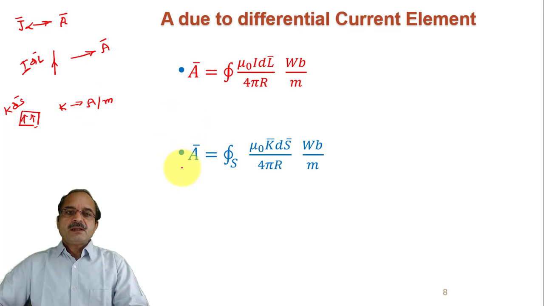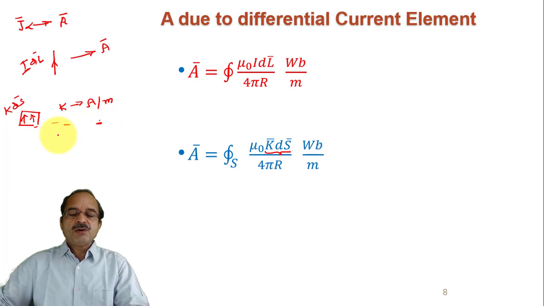In this case, the vector magnetic potential is given as surface integral mu 0 K dS upon 4 pi r Weber per meter, where r is the distance between this current element and the point at which we are going to find out this potential A.